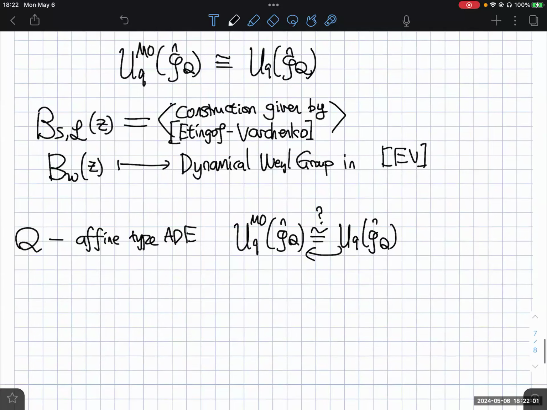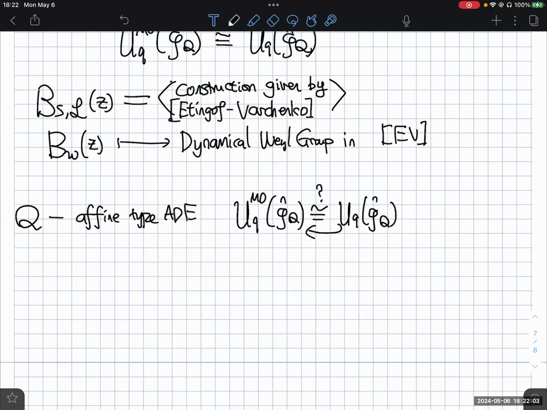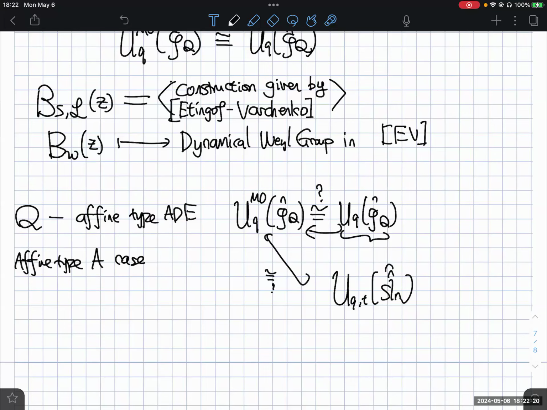So this is the main motivation, that we want to study the affine type A quiver varieties. For the affine type A case, the corresponding algebra here is the quantum toroidal algebra, but we don't know whether there's an isomorphism between them.